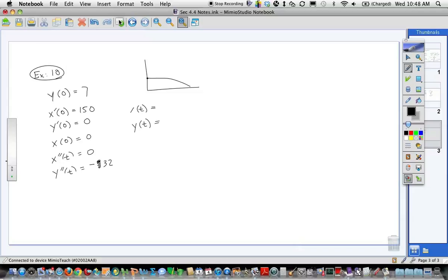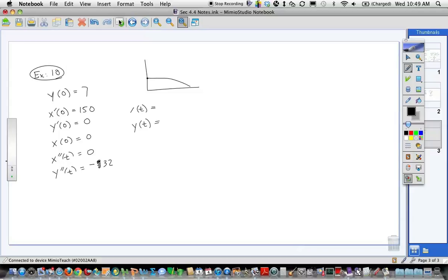Well, it turns out that x prime is 150. If the ball leaves his hand going 150 feet per second, and we're ignoring wind resistance, what's the ball's horizontal velocity going to be? Always 150, right? So you see how you use antiderivatives: that'll be 150, and then you do the antiderivative again to get x. That'll be part of your homework.